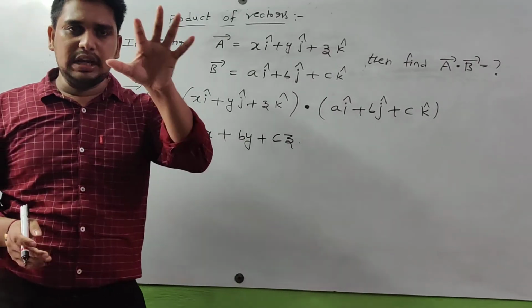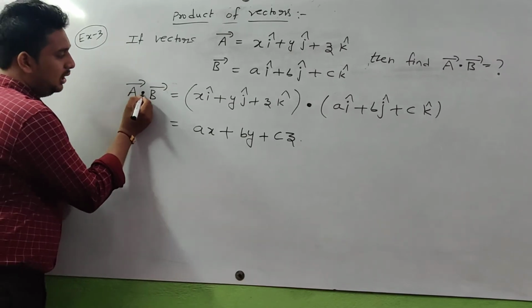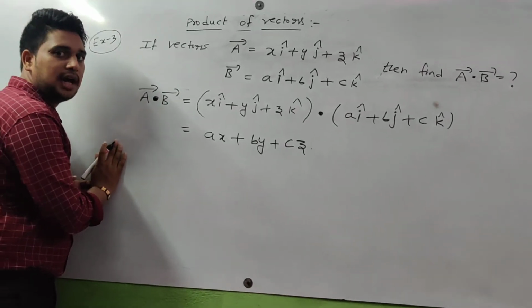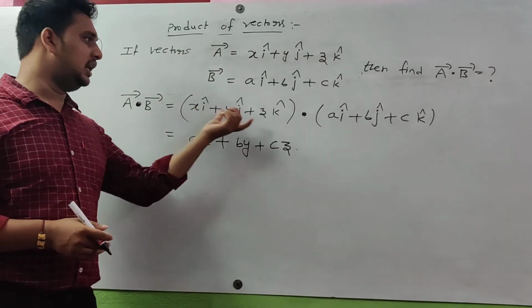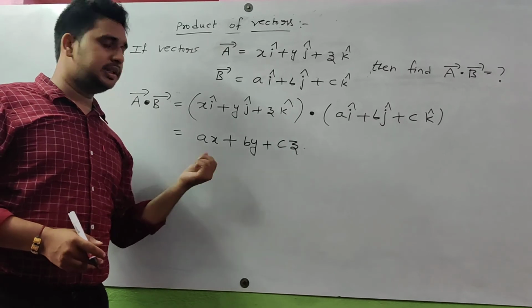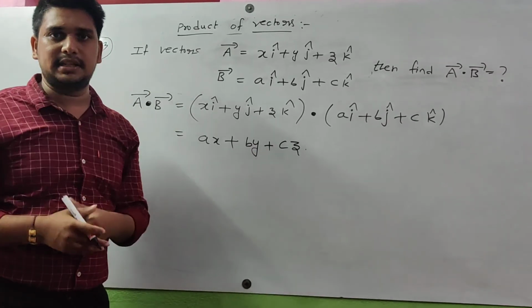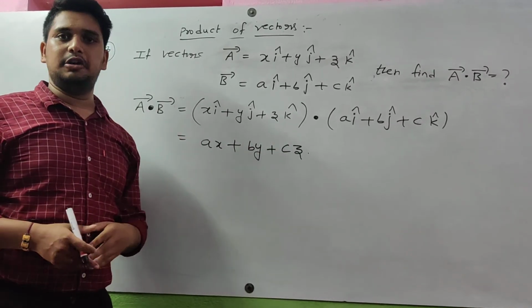Why do we call it dot product? In between two vectors, we represent a dot, that's why this is called dot product of vectors. And one more thing, why is it scalar product? Observe carefully, after multiplying we got a scalar value only. We don't get any directional vector here, we got only a scalar value.